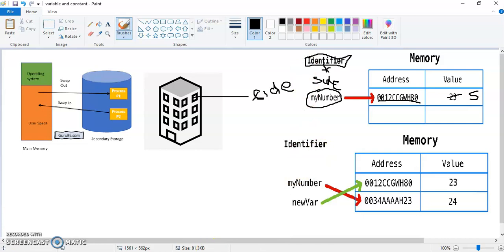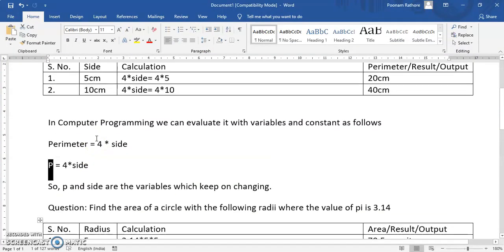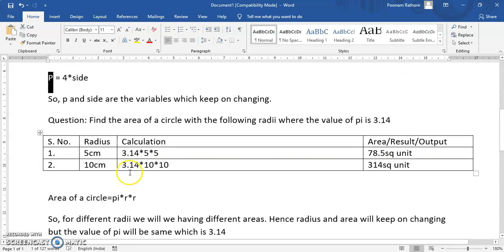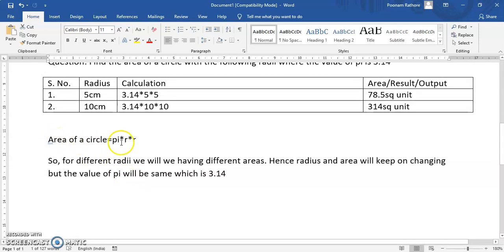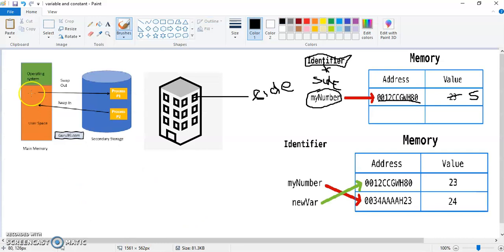As per the program, the identifiers for finding the perimeter could be P and side, and for the area it could be area and R. And pi is the constant which also gets stored somewhere in the memory. It can be given the name pi, and it has a fixed value which will not change.